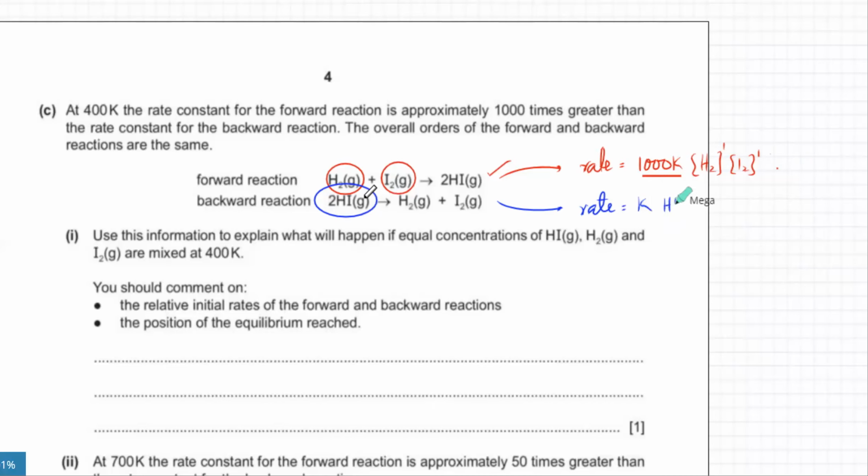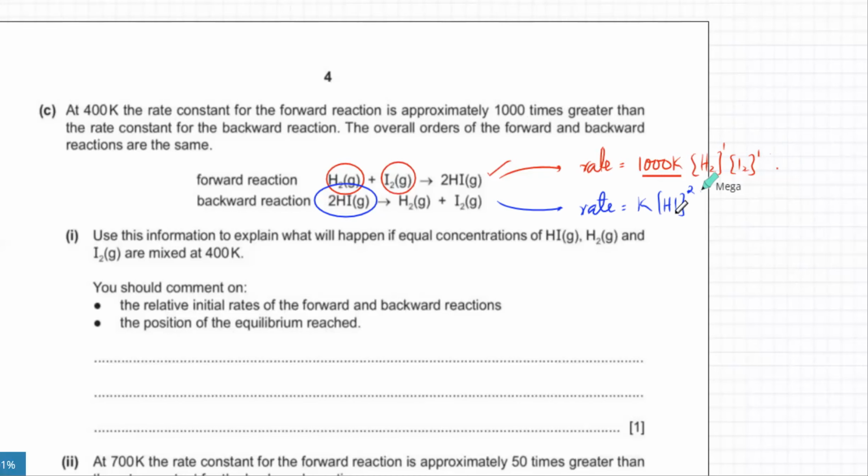And he's saying that the overall orders are the same. So over here, it's going to be squared because you just have one reactant. The overall order in the first one was 2: this was power 1 and this was power 1. If you sum up the powers, the overall order of the forward reaction comes out to be 2, and he's saying that the backward reaction is going to be the same.